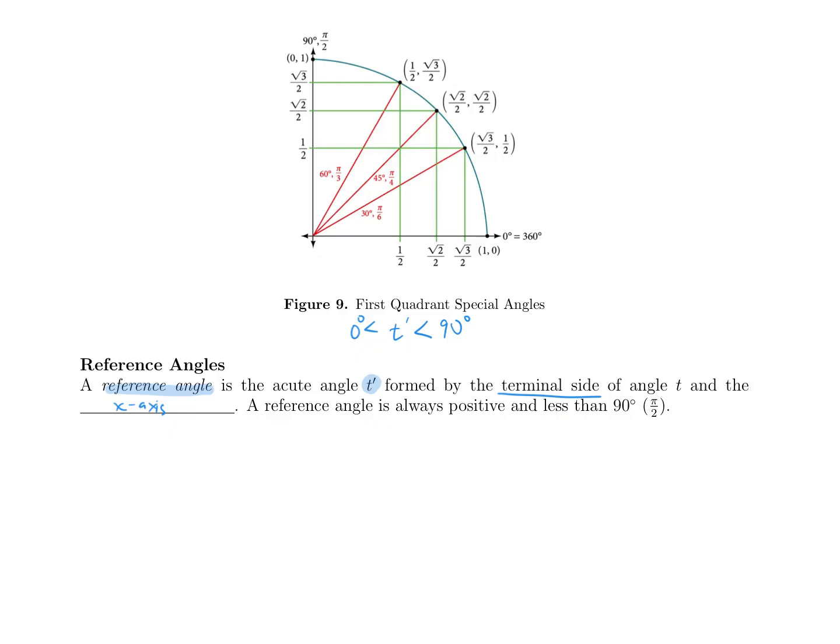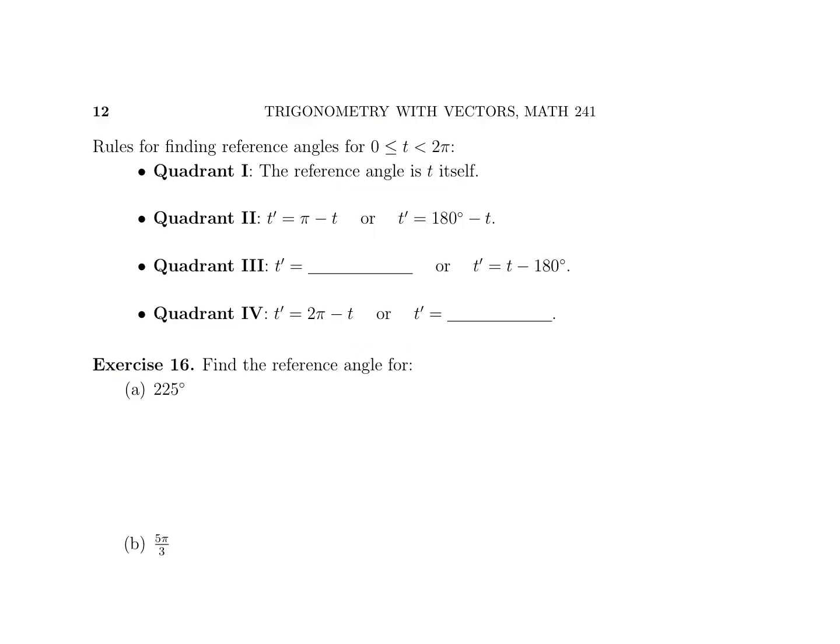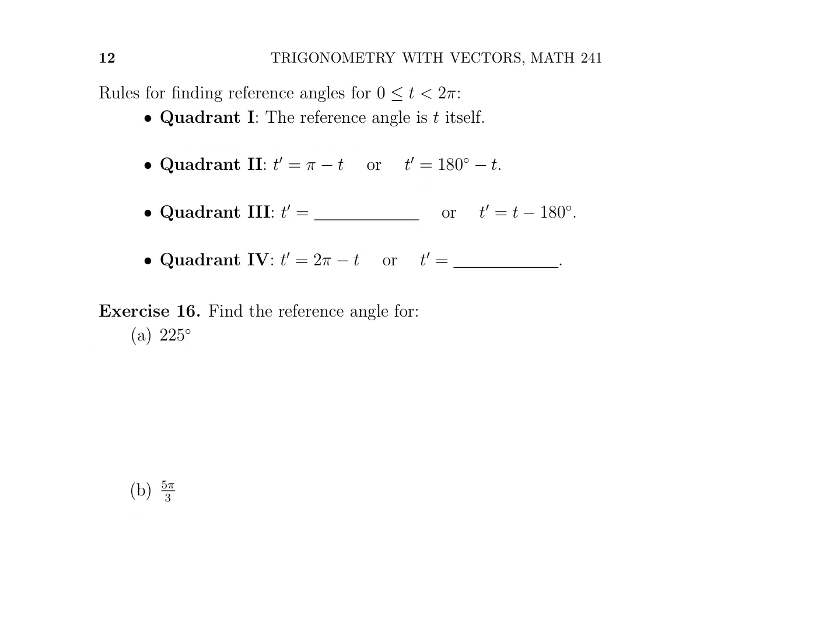So let's look at some examples of that. So there are different cases. If you're in quadrant 1, then the reference angle is just the angle itself. So in quadrant 1, because quadrant 1 are all acute angles, the reference angle would just equal t, whatever the angle is. In quadrant 2, you have to subtract the angle from 180.